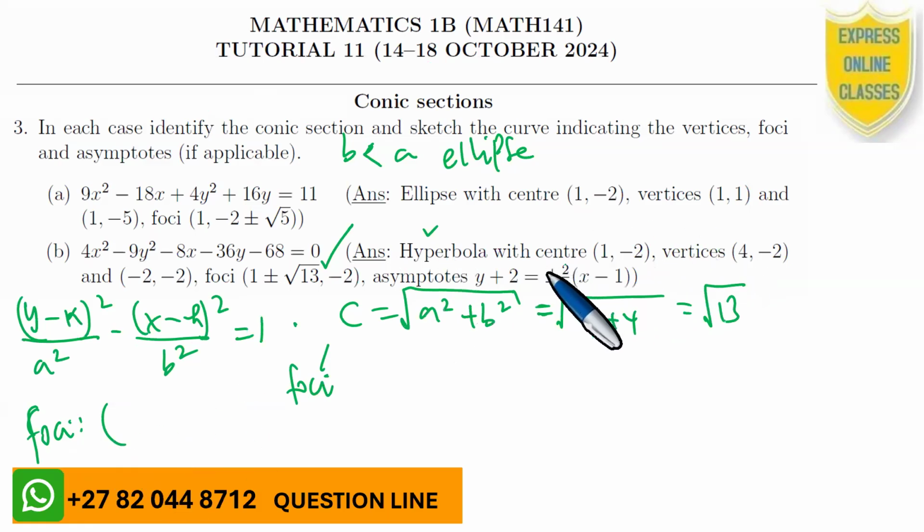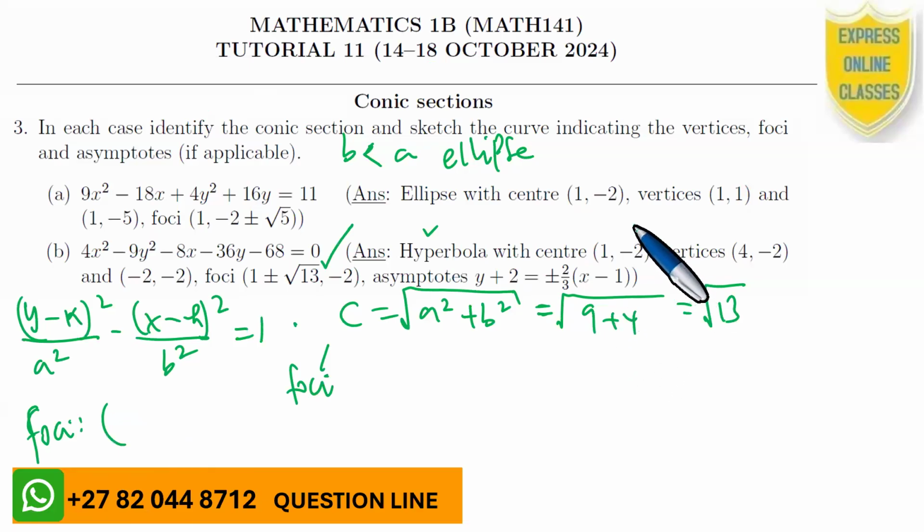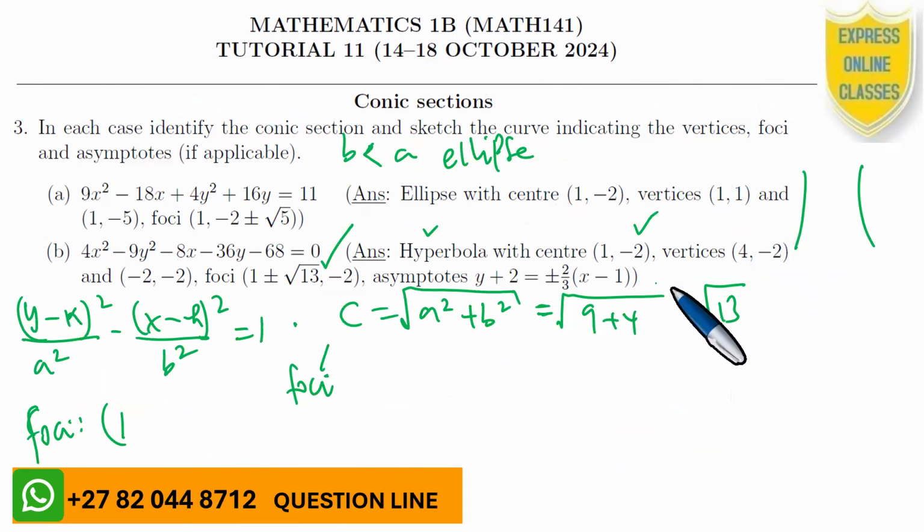To get the foci, we take the center. What did you get the center to be? We got the center to be 1 and minus 2. Because the hyperbola is like this, the x is positive, and therefore associated with a positive, it means x is going to be affected.